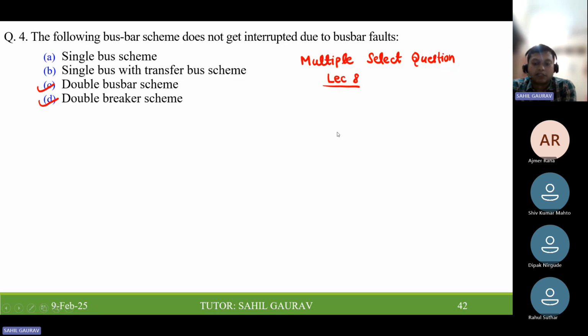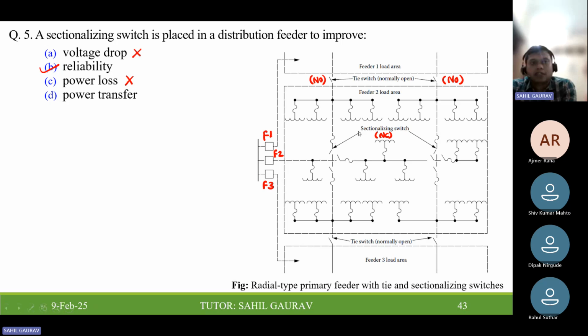The next question, number 5: a sectionalizing switch is placed in a distribution feeder to improve the reliability, because sectionalizing switches are normally closed type and are operated during fault condition, and when a fault happens it removes the faulty areas.